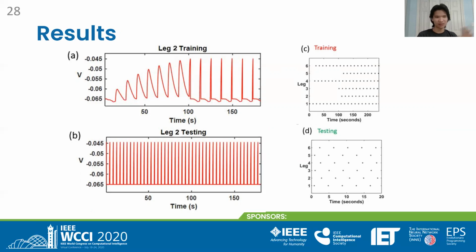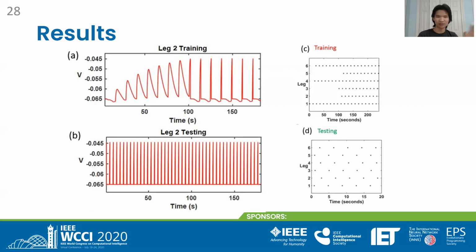So in figures B and D, you will see similar things, except here in B, leg 2, the voltage is spiking all the time. And that's because it's already trained. So we give it a different gait, and then the voltage already knows when to spike. So in figure D, you see the raster plot of this new gait, and it's alternating legs 1, 3, 5, and then 2, 4, 6 back and forth periodically.